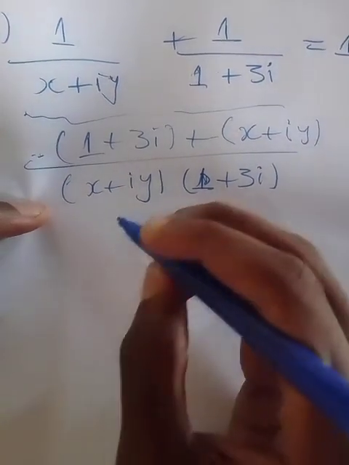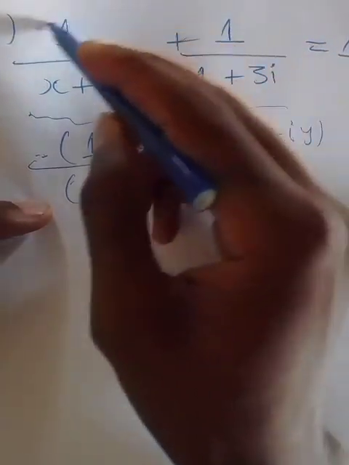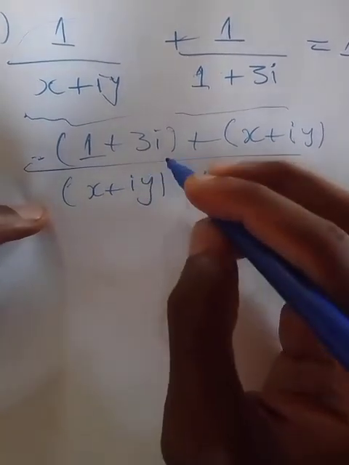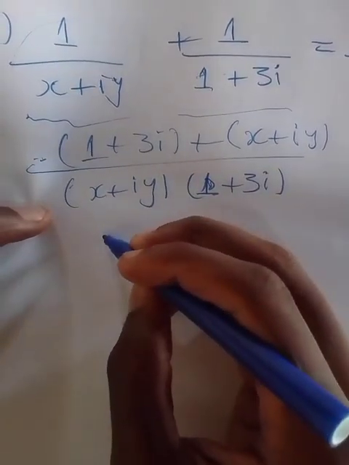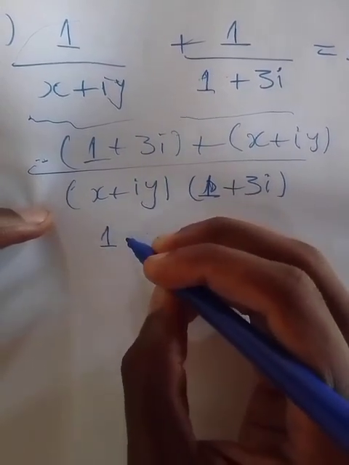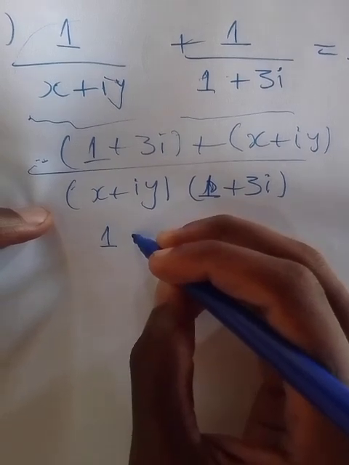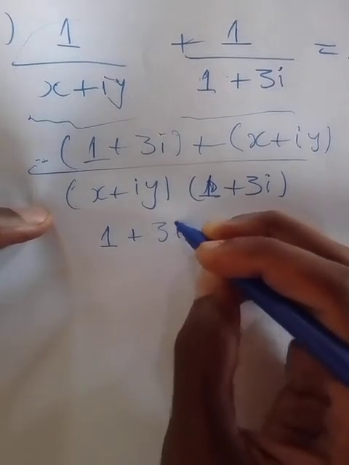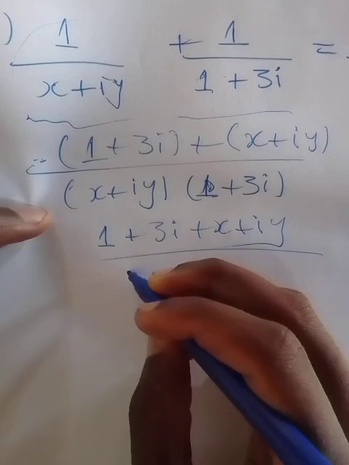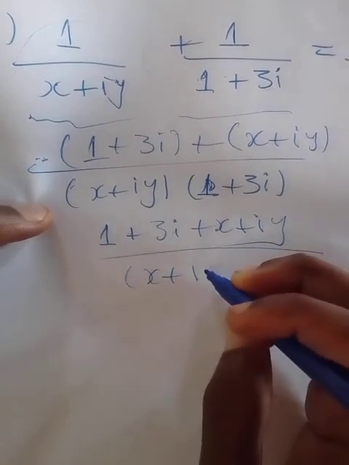After you do that, at the numerator you have 1 plus 3i plus x plus iy, over x plus iy times 1 plus 3i. Okay, and then now equate to 1.